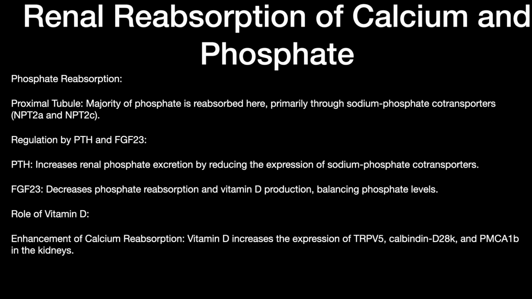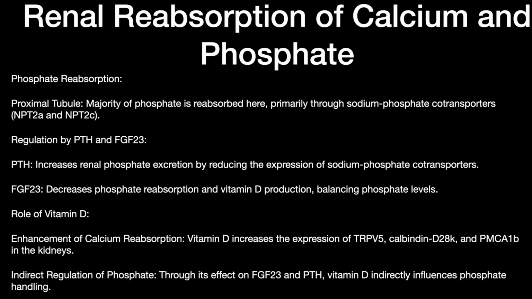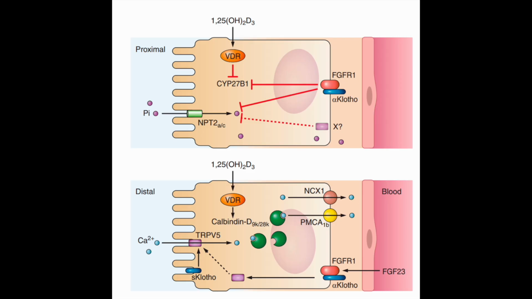Now, the role of vitamin D over here is to enhance calcium reabsorption. Vitamin D increases the expression of the various receptors and transport mechanisms to facilitate the entry of calcium into the bloodstream. Indirect regulation of phosphate is through FGF23 and parathyroid hormone. Vitamin D indirectly influences phosphate handling.